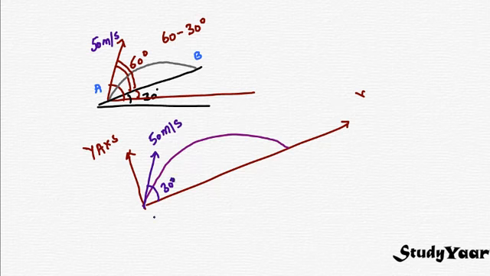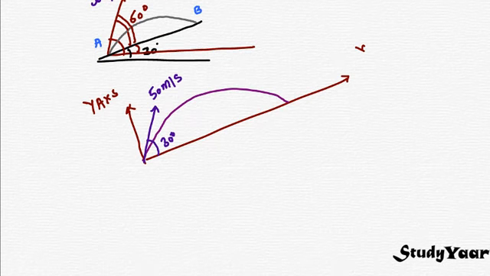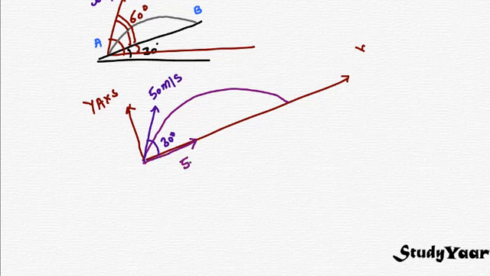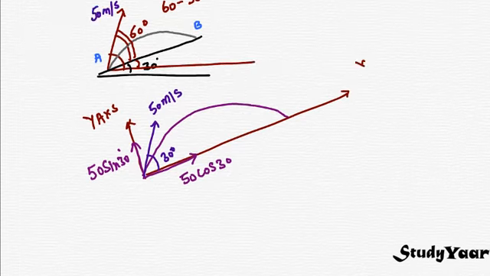So now I have the initial conditions with me ready. My initial speed in x-axis is 50 cos 30. My initial speed in y-axis is 50 sin 30. What else do I know over here?